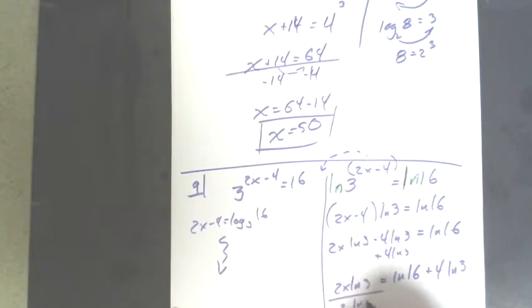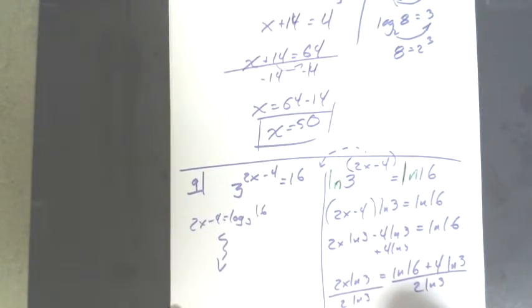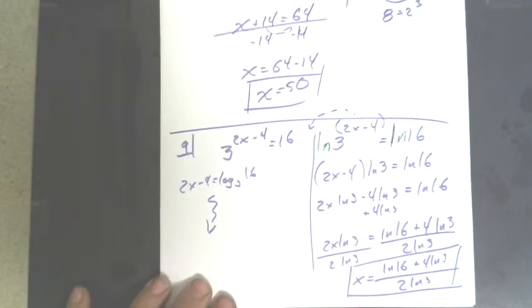Divide by the 2 and the natural log of 3. And you get a nice x equals the natural log of 16 plus 4 natural log of 3 over 2 natural log of 3.